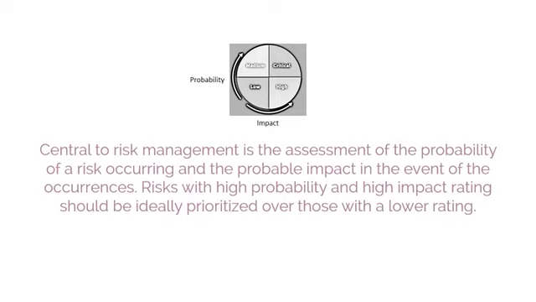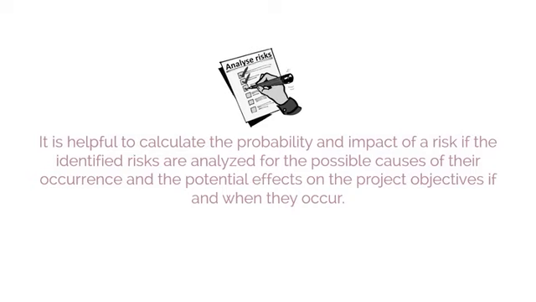Central to risk management is the assessment of the probability of a risk occurring and the probable impact in the event of the occurrence. Risks with a high probability and high impact rating should ideally be prioritized over those with a lower rating. It is helpful to calculate the probability and impact of a risk if the identified risks are analyzed for the possible causes of their occurrences and the potential effects on the project's objectives if and when they occur.